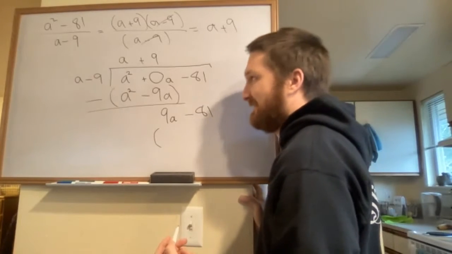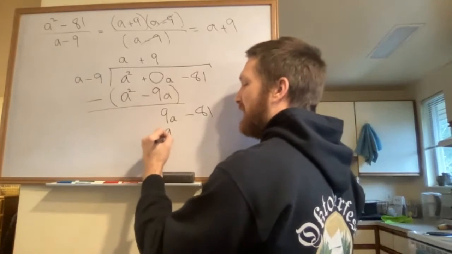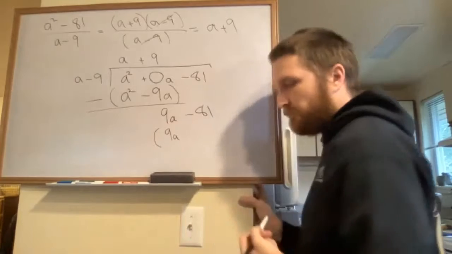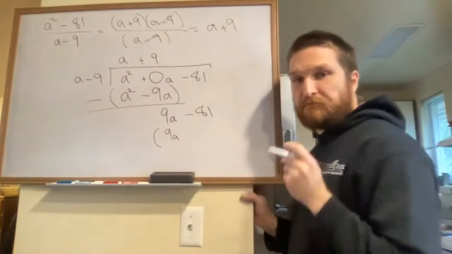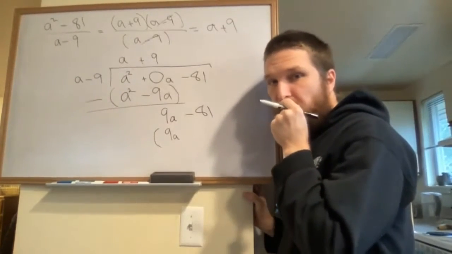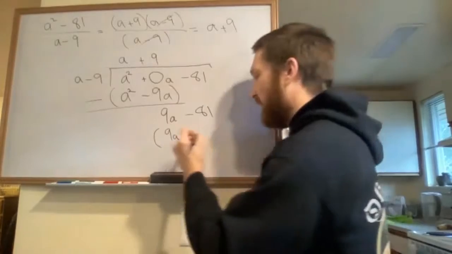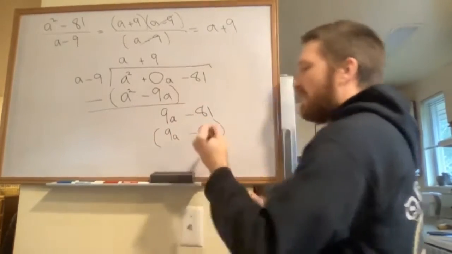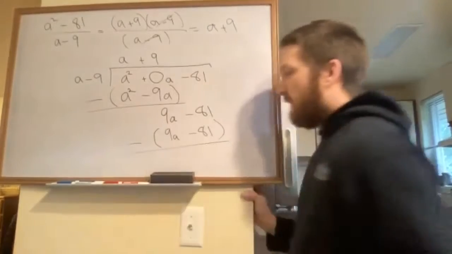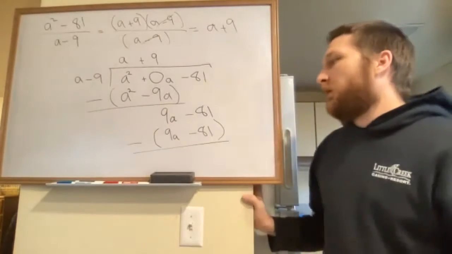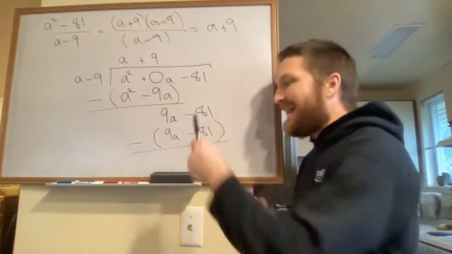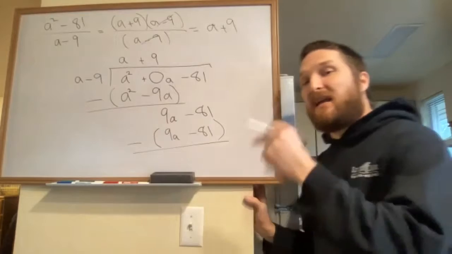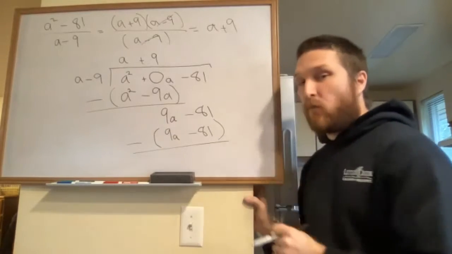So we get 9a. And then you get the negative 81. I end parentheses. Now I'm going to subtract this off. Lo and behold, there's no remainder because 9a minus 9a is 0, and negative 81 minus negative 81 is a 0.